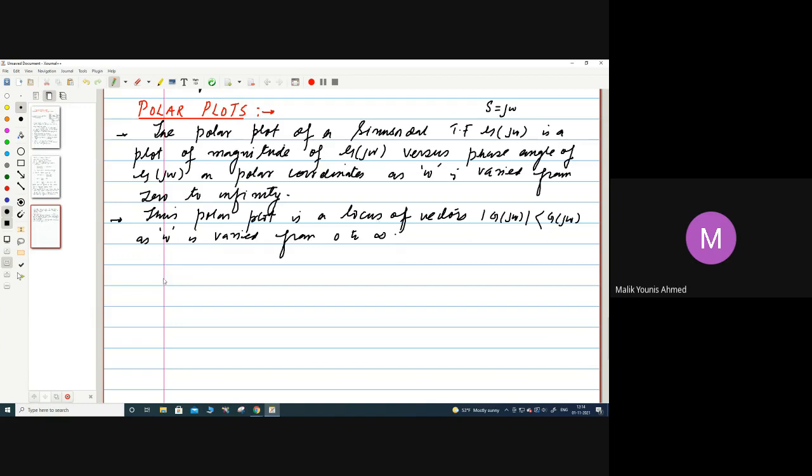Now, when we are drawing polar plots, you have to note that you can have a positive angle or you can also have a negative angle. If you have a positive angle, the phase angle will be measured in a counterclockwise direction.